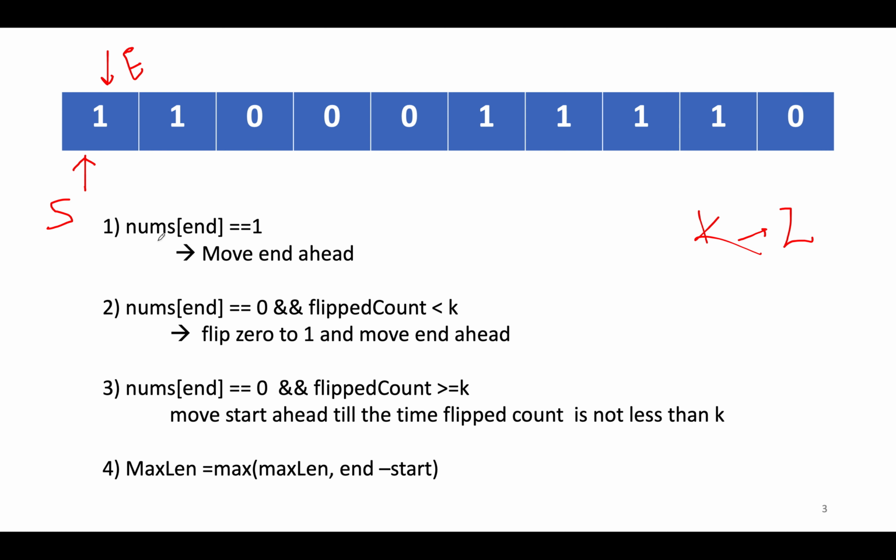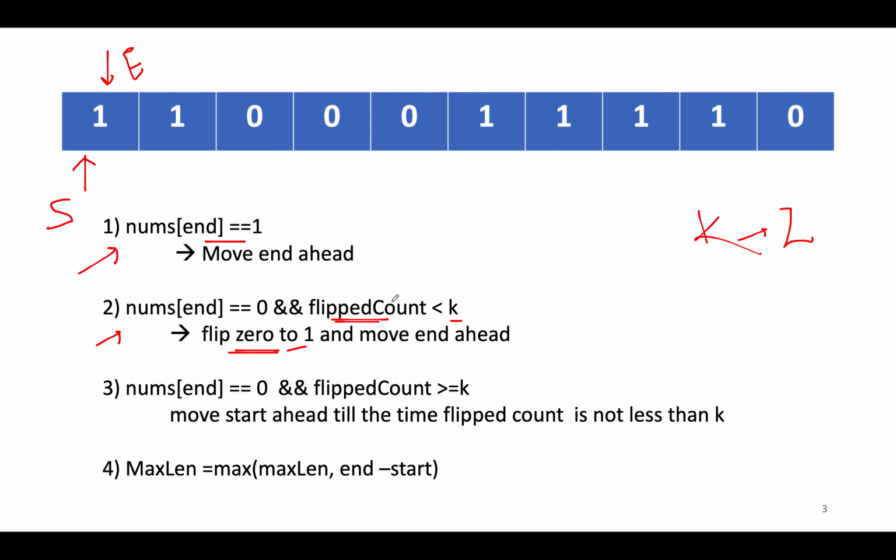If you observe, the element at the end index is 1. That means you don't need to do anything, you simply move ahead. Pretty straightforward rule, which all of you will agree to. The second rule is, if the value at the current end index is 0 and the flipped count, we'll maintain a flipped count variable that tells us how many zeros have been flipped in the past, happens to be less than k, we will simply flip the current 0 to 1.